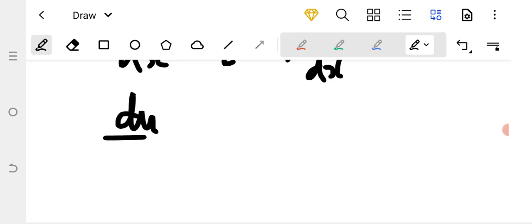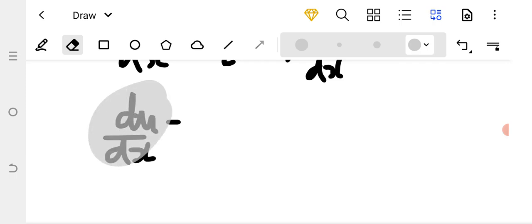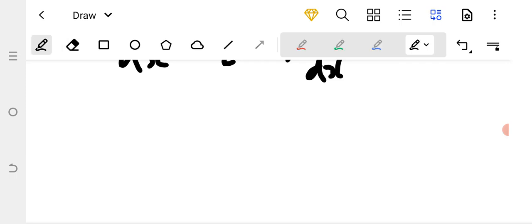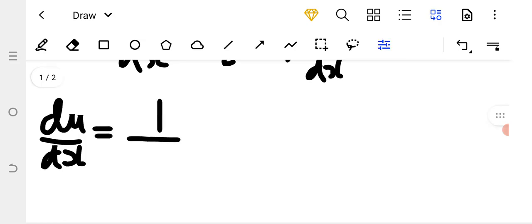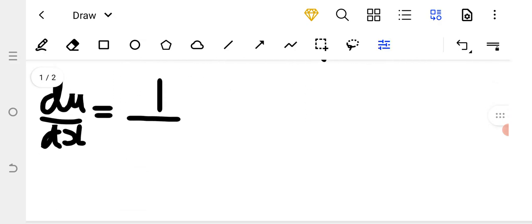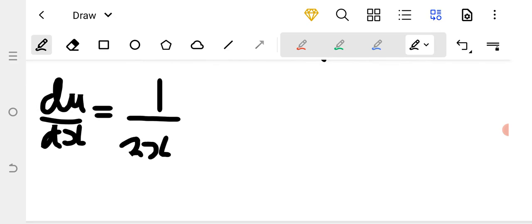Let me just clear that up, I want to create more space. du dx would be equal to 1 divided by 2x to the power positive half, like that.